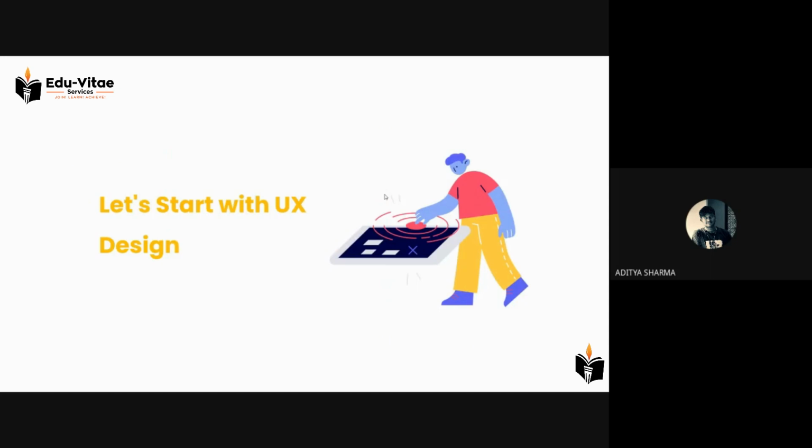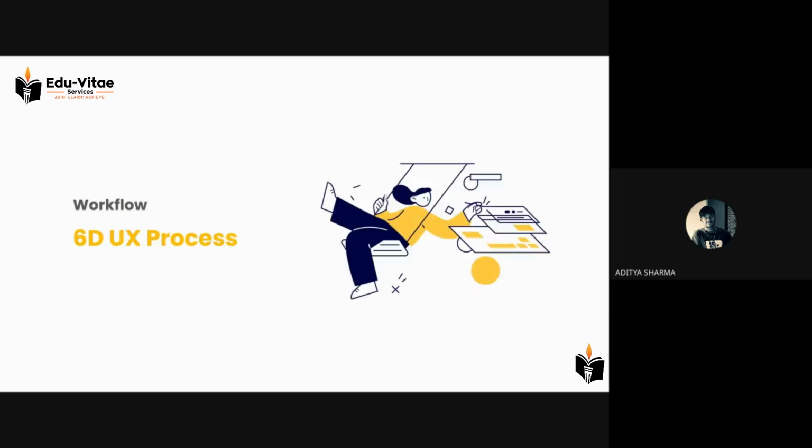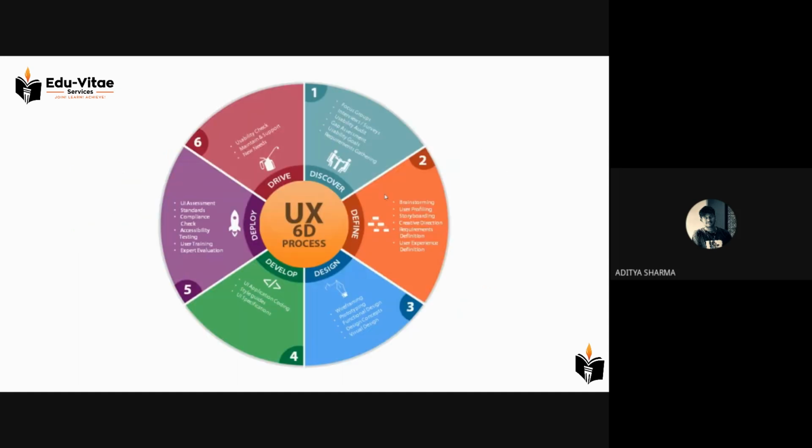Now we are starting with the UX design process, in which you will look at the 6D UX process. The 6D UX process also includes the development part, which we will skip. We will not be covering the develop and drive parts. The 6D UX process consists of discover, define, design, develop, deploy, and drive.